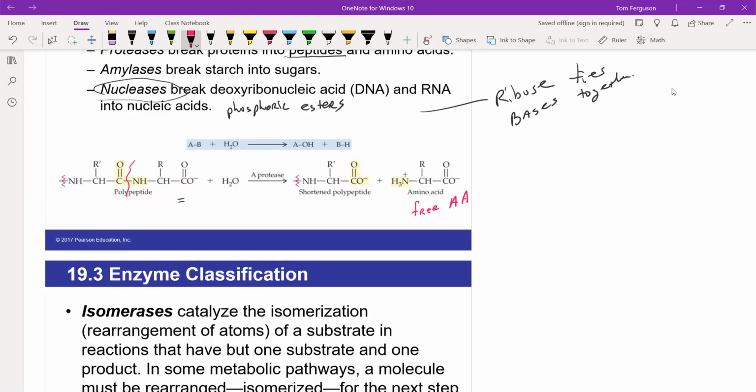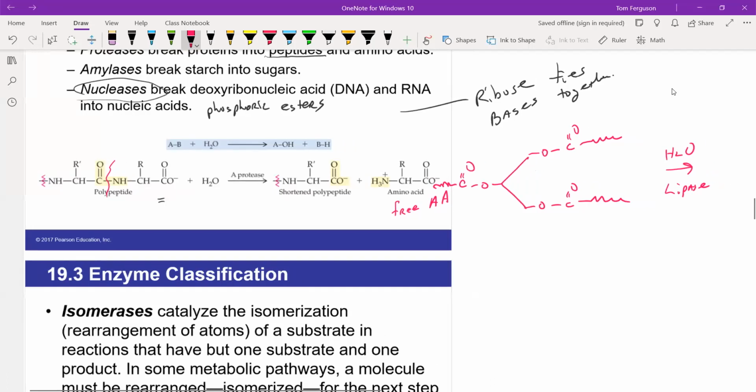And then we had a triglyceride with a lipase.